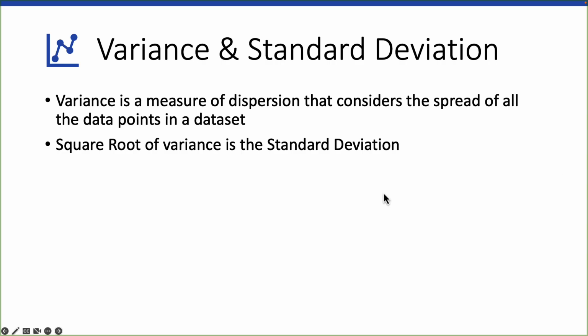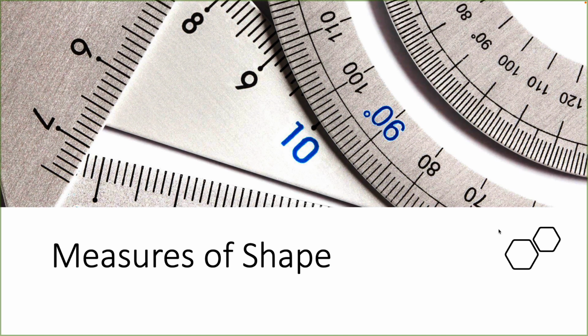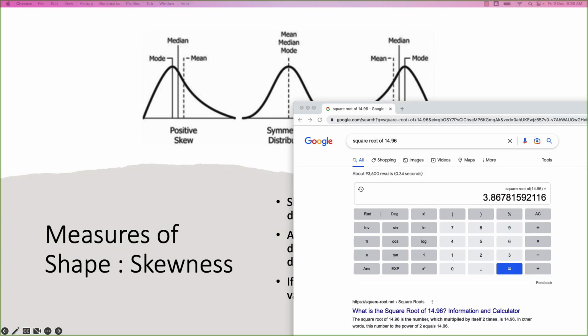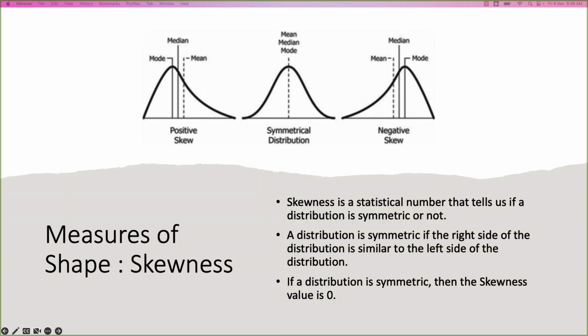Now moving on, we have the concept of measures of shape. When we talk about measures of shape, we actually have two: one is skewness and the other is kurtosis. The measures of central tendency and measures of dispersion that we have already seen help us to describe the distribution, but they are not helpful in describing the nature of the distribution.